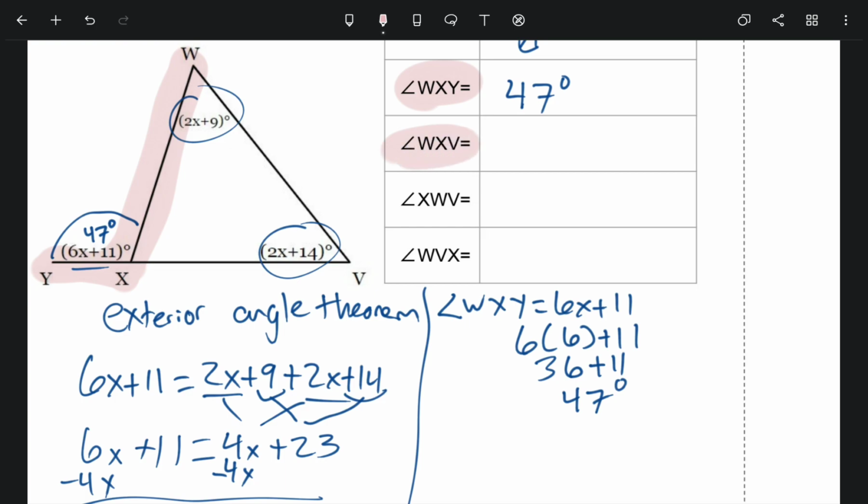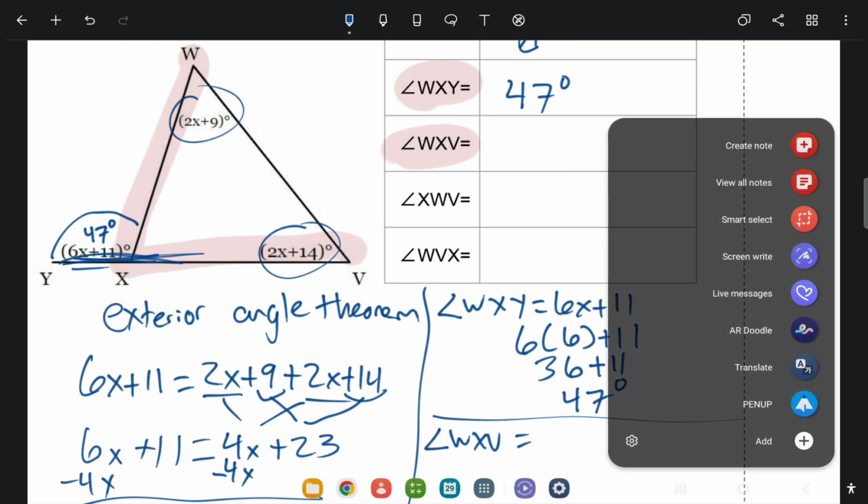Now we need to find WXV. WXV, which is right here. And because this is a straight line, I can see we're going to just treat these as supplementary angles and subtract our known from 180.